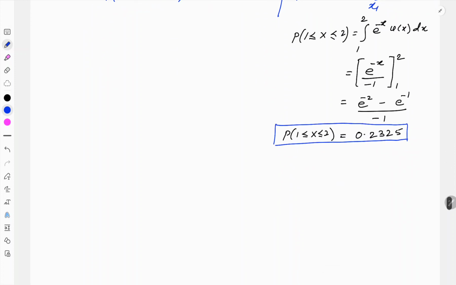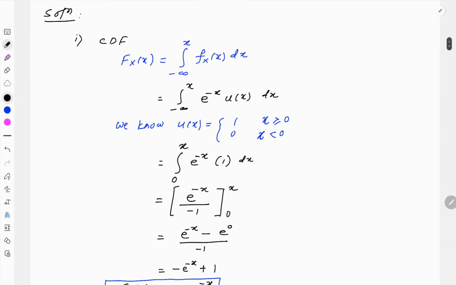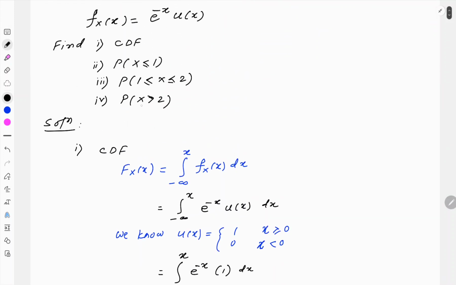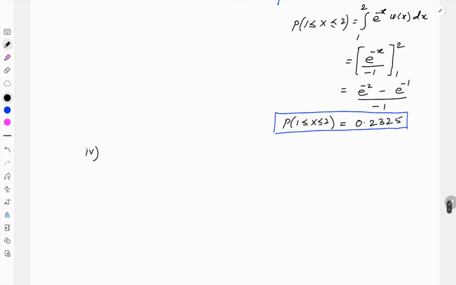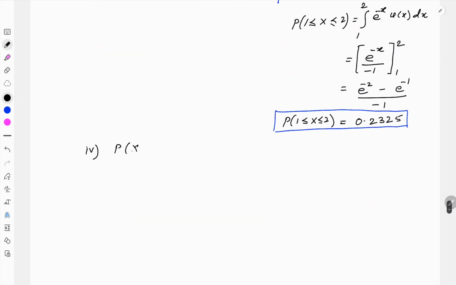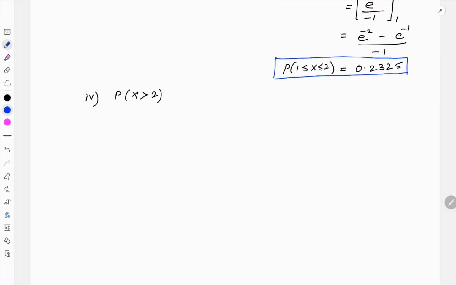Now the fourth part. So for fourth part, we need to find out probability for x greater than 2. So here we can make use of both the formulas. So let us see the formula for PDF. So for probability of x greater than small x, we can find out it as integration from x to infinity fx of x dx.